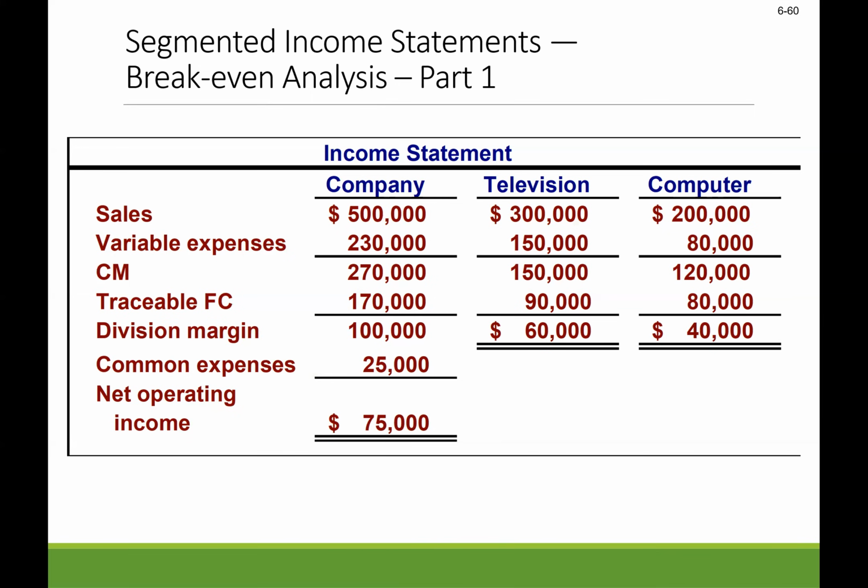Division margin was at 100,000 less the common expenses. Show the net operating income is sitting at 75,000.